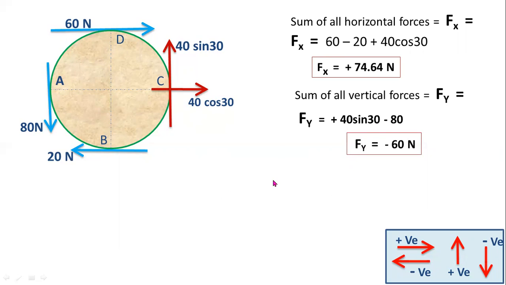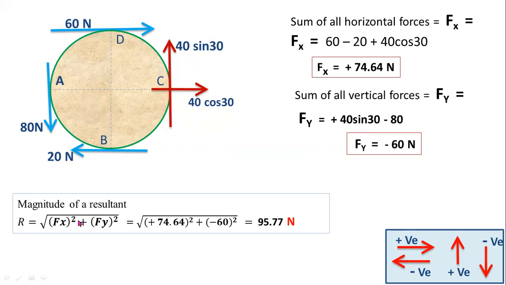Now you have to convert these two forces into a single force, that is the resultant. Already we know the formula for resultant. The magnitude of resultant, capital R, equal to square root of horizontal forces square plus vertical forces square.